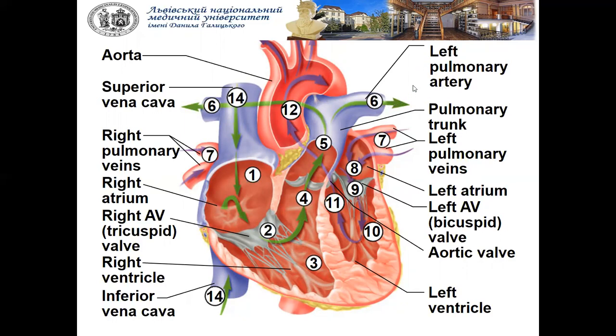It gives up carbon dioxide, takes oxygen, and one more time through the right and left pulmonary veins goes into the left atrium too. So that's the movement of the blood inside the heart.